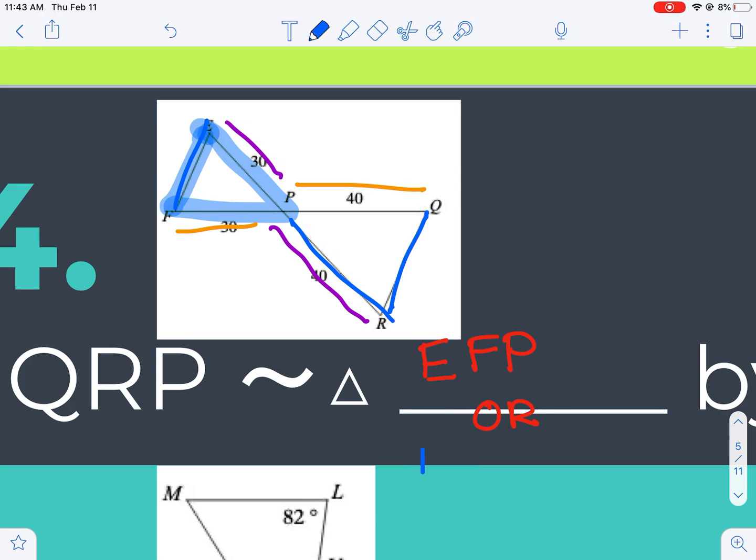So I would want to do F, E, and then P. This is the one that most of you will choose because it's easier to see, but you could also put it in this way.